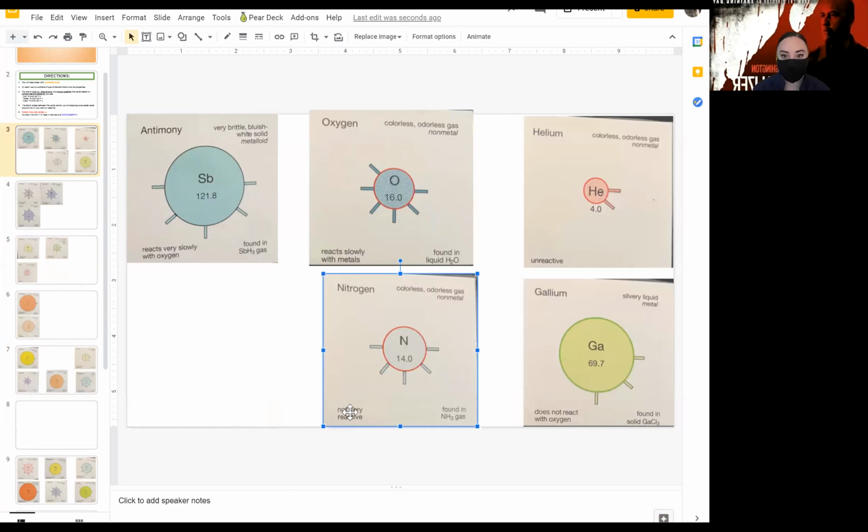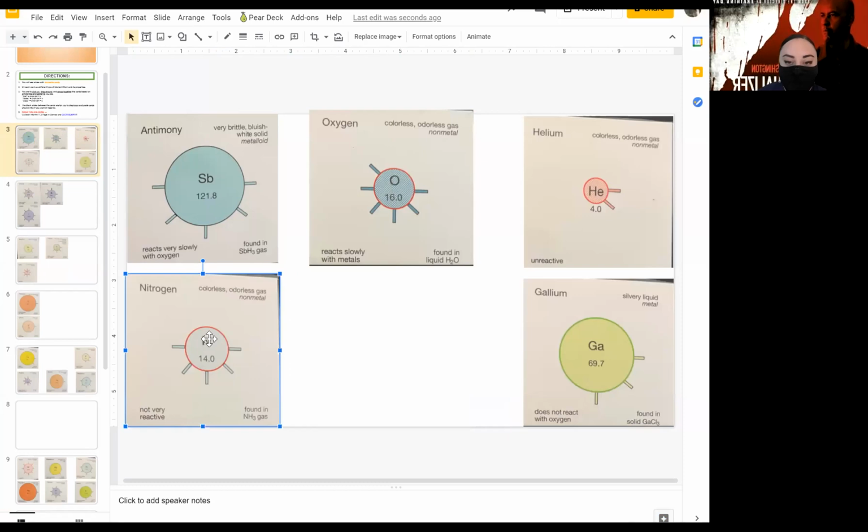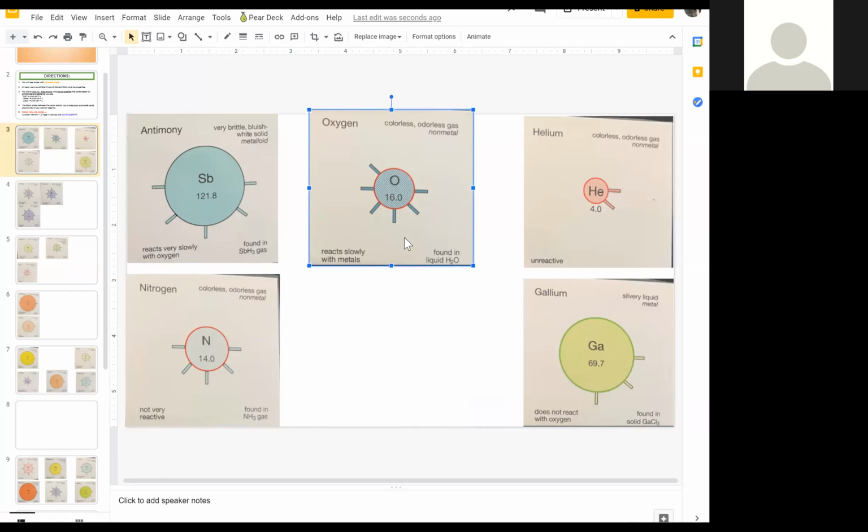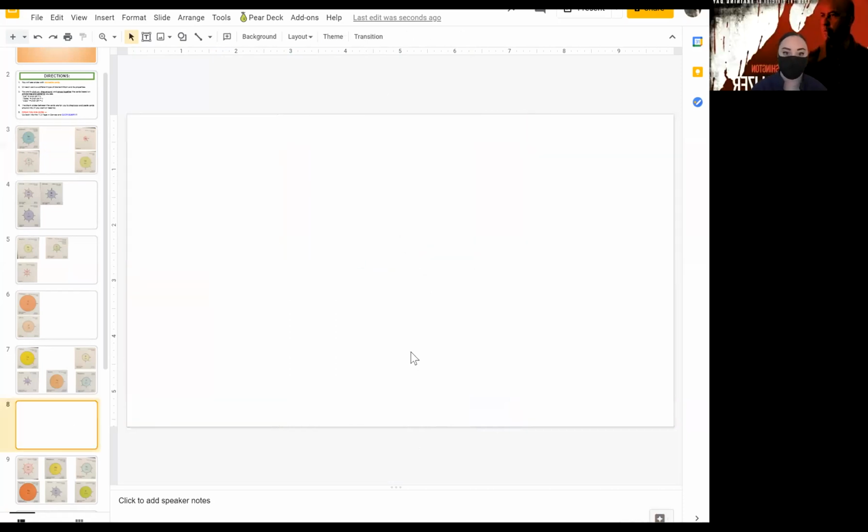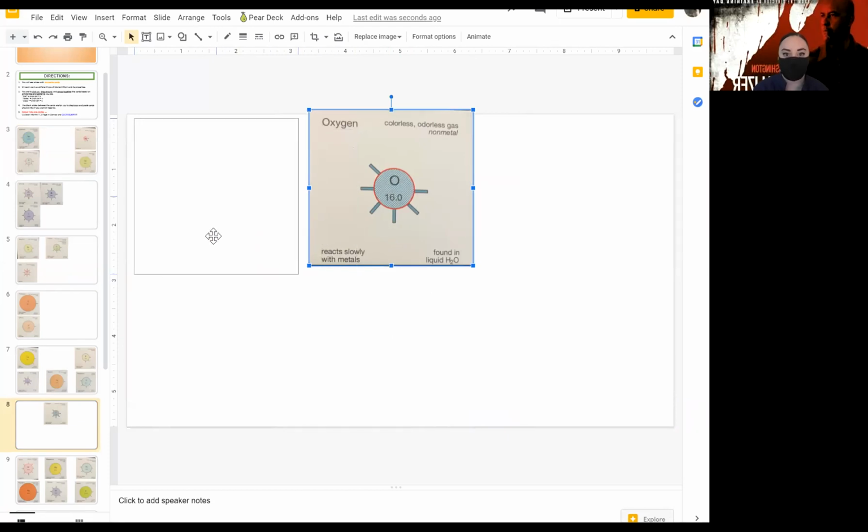So now if I look at these here, do we see a difference between SB and N and oxygen? What difference do we notice? It's a slightly different color. And the number of what? The number of sticks. Good. So let's remove it from there. We'll put oxygen by itself right now.